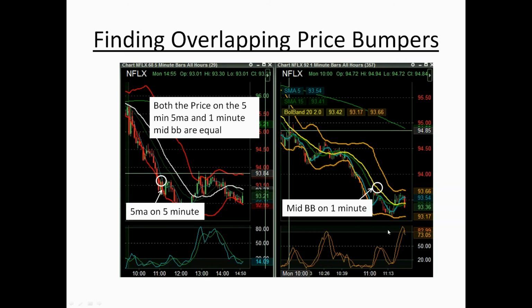Now let's say, who's to say that this is the real low on the 1 minute, right? Maybe it's weaker. How do we know? We carry over to the 5 minute, right? If you think it's going to go lower but there's no more target levels, what do you do? You move to the next time frame. And when you move to the next time frame, where's the bumper? Much, much lower.